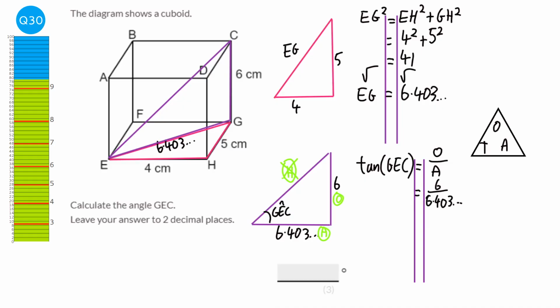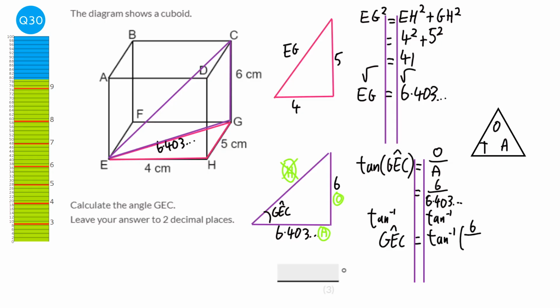Just try and round it to a sensible degree of accuracy, say 3 or 4 decimal places, and that's fine. If you round it to, say, 6, then it's going to have a big influence on the answer. I'm going to inverse tan both sides to get rid of that tan, and so that would just leave angle GEC. I normally just put a little thing there to show it's an angle.